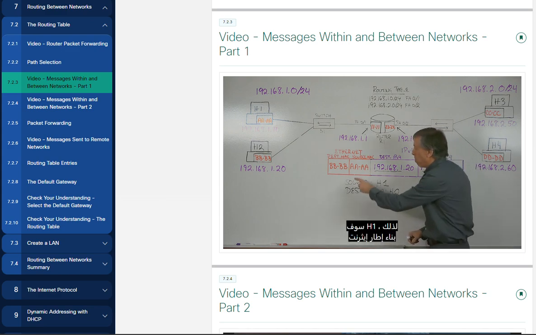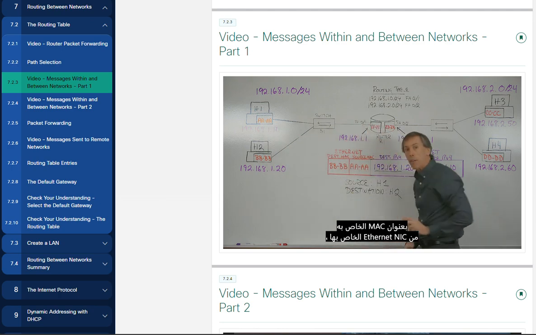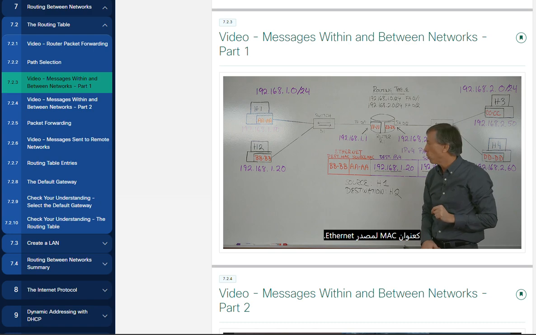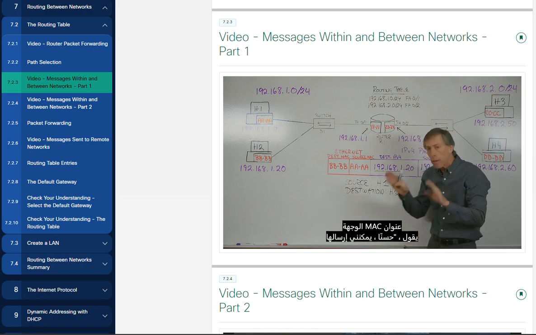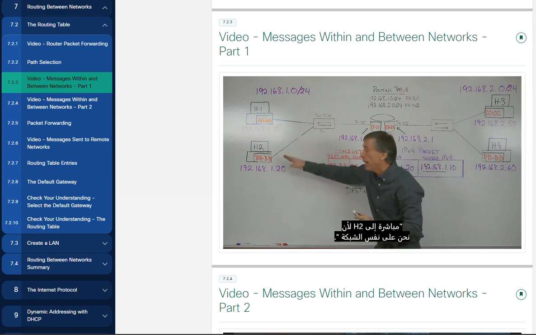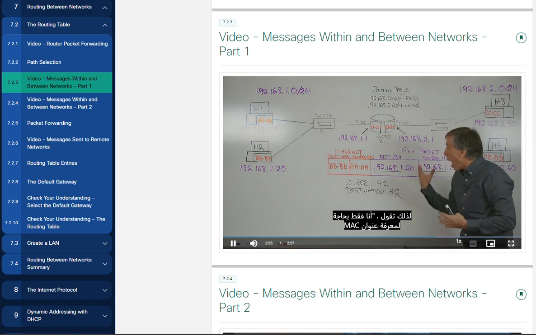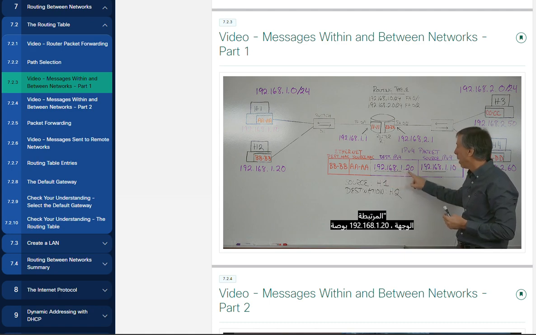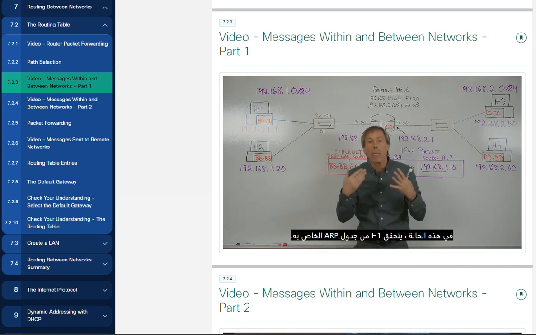So H1 is going to build the Ethernet frame with the MAC address of its Ethernet NIC, AAAA, as the Ethernet source MAC address. The destination MAC address is, okay, I can send it directly to H2 because we're on the same network. So it says, I just need to know the MAC address associated with the destination, 192.168.1.20. In that case, H1 checks its ARP table.